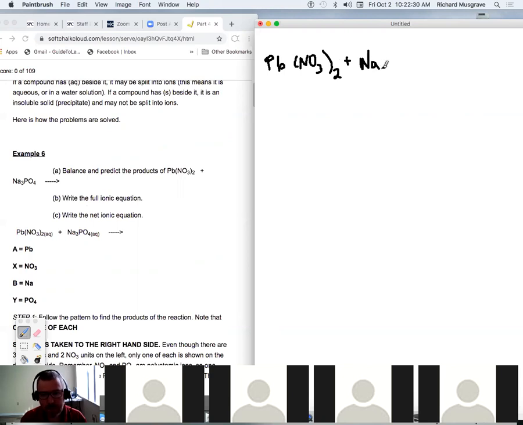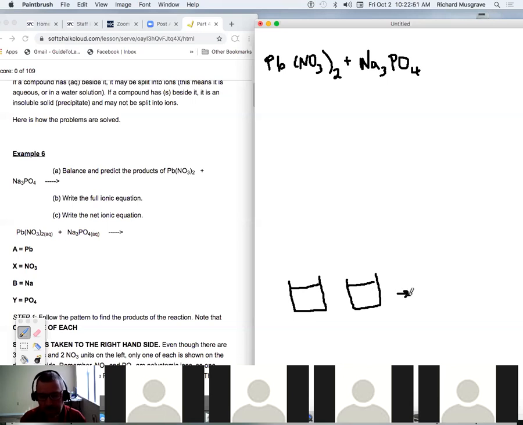You'll notice they have little AQs next to them. That means they're aqueous solutions. What's going to happen here is that we're going to have two solutions that don't have anything in them. I mean, they don't have any solids or anything. If you look at them, they'll just be clear liquids with nothing in them.